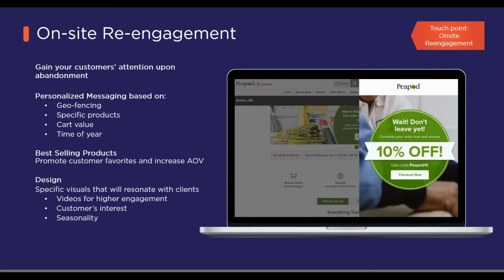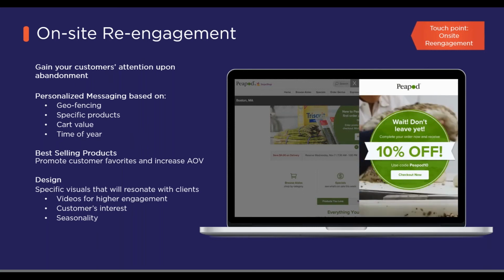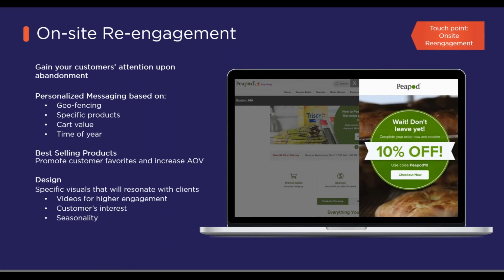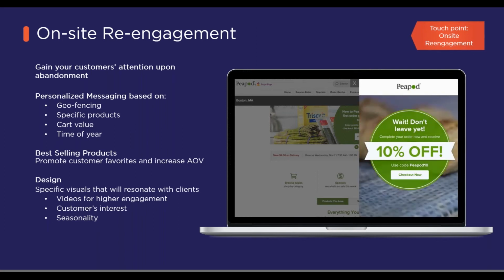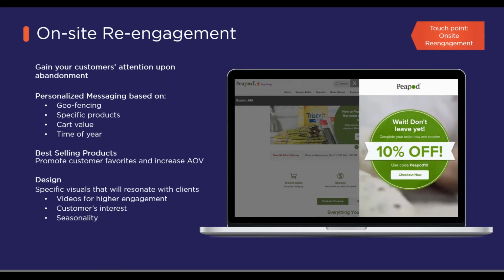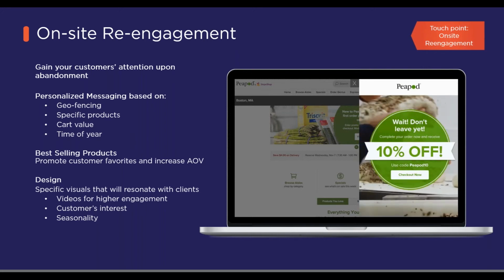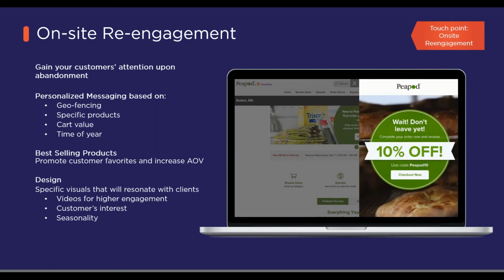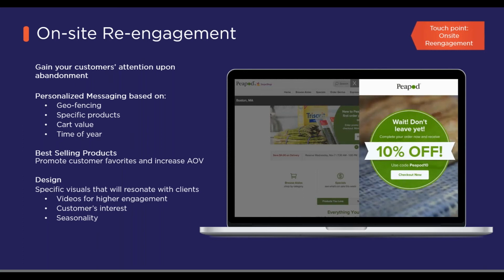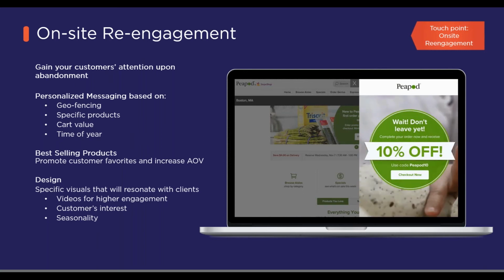Also, start looking at what we've done with our on-site engagement solution. What we did is have it trigger on abandonment to keep abandoning customers' attention. Here in this example, the message was personalized based on the abandoning customer's cart value and their intent to buy. So either reminding them of an existing offer or a key message, or offering them an incentive based on their total cart value.